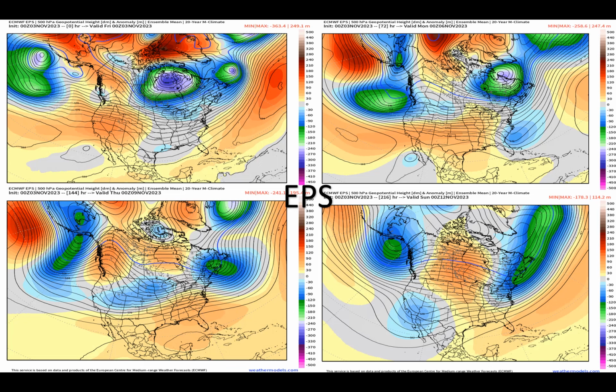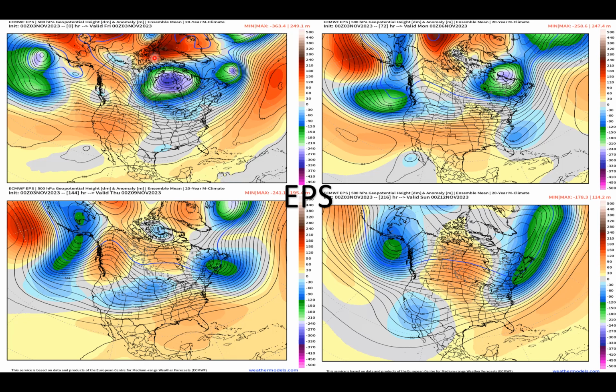Let's take a look at the latest now, the 500 millibar geopotential height and anomaly forecast. This is the European Ensemble Prediction System, EPS. Starting with today, Friday, 3 November 2023, the 500 millibar chart shows general above normal heights across the western U.S. We have a deep hue of purple here, generally in the vicinity of Hudson Bay, Canada, a very deep closed low.